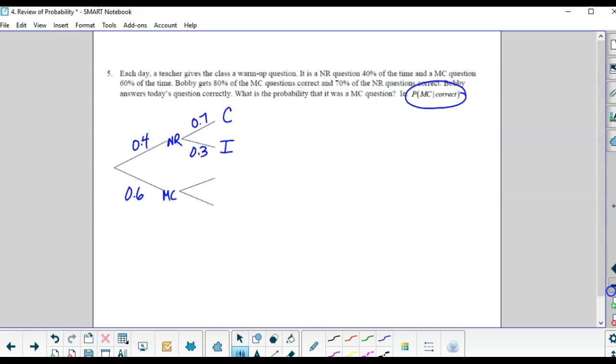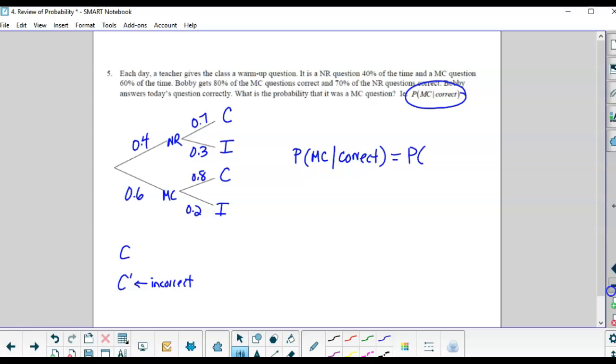You could also use a C prime here, so C and C prime, this would be incorrect. It's the complement of the original, the opposite. Then for multiple choice, he gets 80% correct, and that means 20% incorrect. So we want to find the probability of multiple choice given that it's correct.